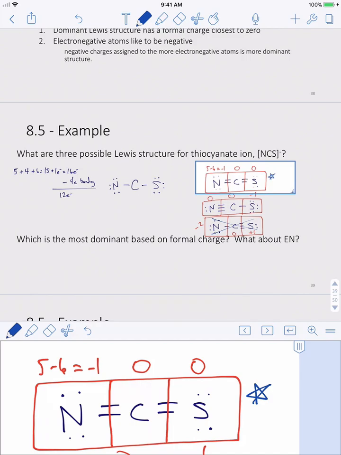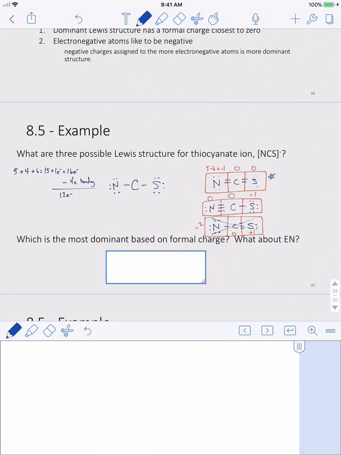They're all right, but the best one is the one where the formal charge is located on the most electronegative atom. So if we want to just clean this up, we would end up with this structure here.